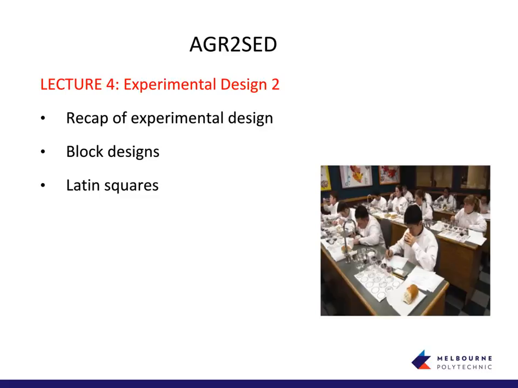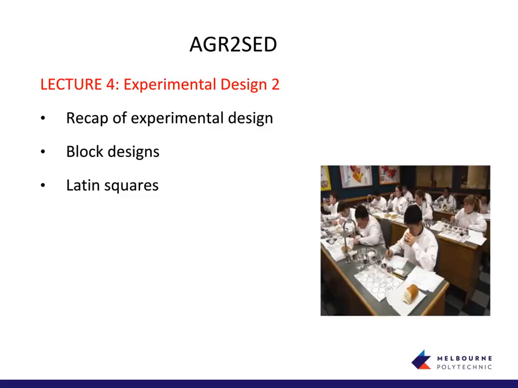They might be individual people or they may be plots in a paddock, and then we randomly sample within these plots a certain number of these plots, which are selected randomly, probably a better way of putting it. This week we'll look at examples where we can't just divide up the entire area into identical experimental units and randomly sample within them.